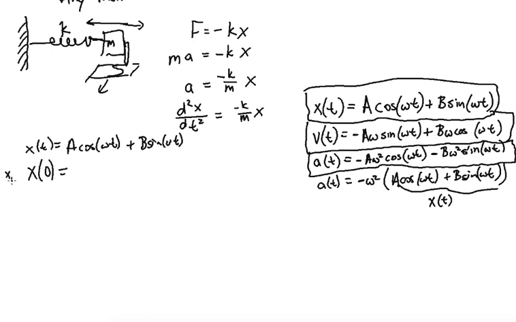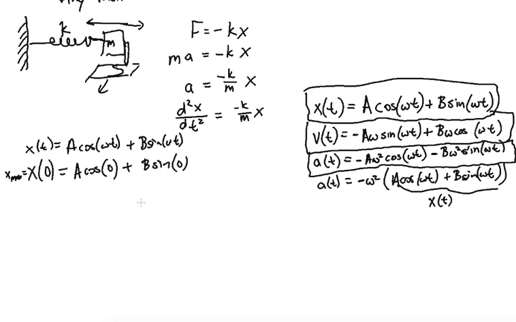Because that's where we pulled it off to the side and let it go. It's never going to get further away than that. It can never get more energy than that because we're not going to touch it again. So we plug in t equals 0. This is A cosine of omega times 0, plus B sine of 0, and this has to equal x max.